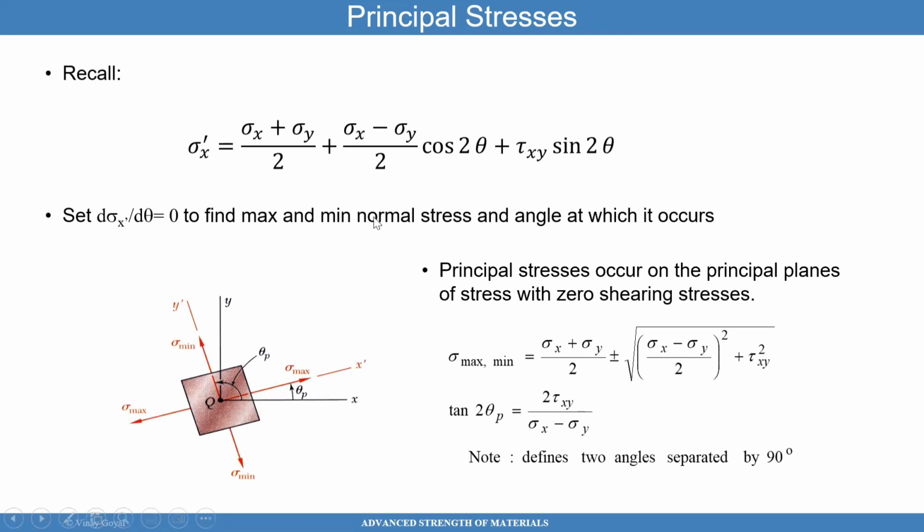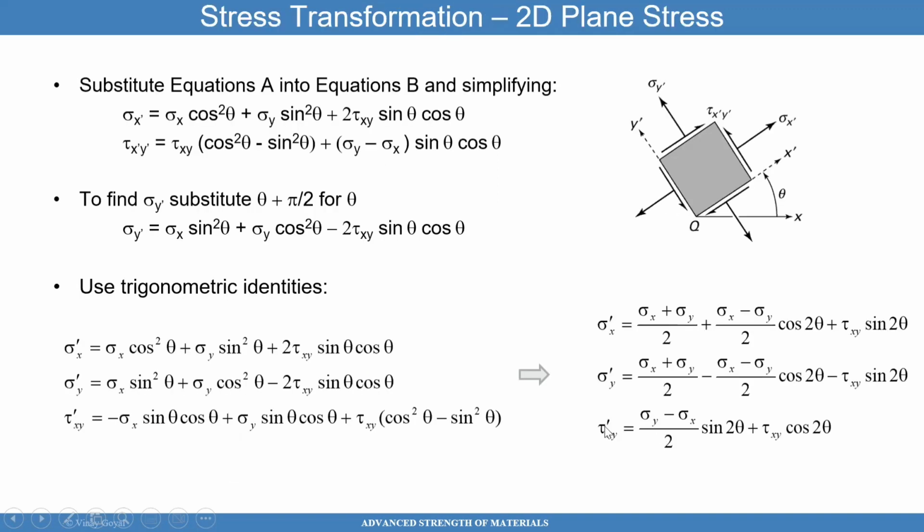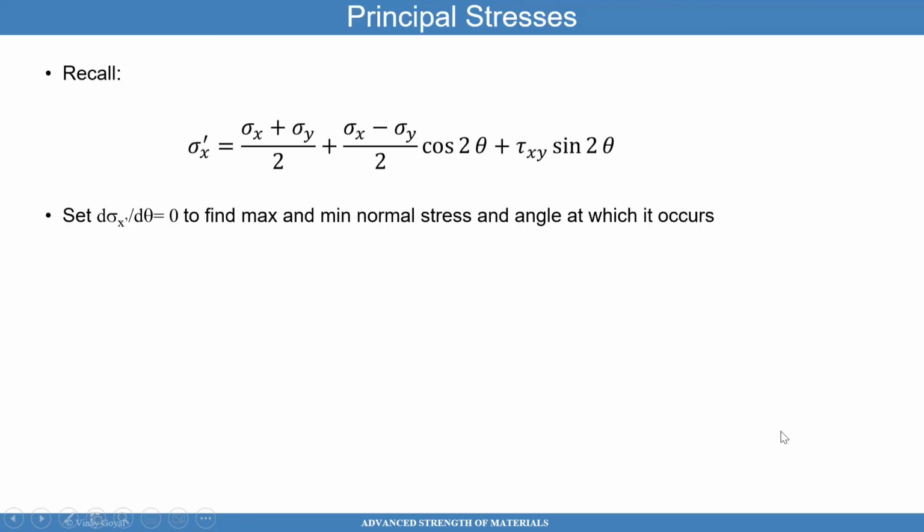So the max and minimum normal stresses occur when the principal stresses occur, and there's 0 shearing stress. It turns out that that angle theta p can also be found with this equation. You can see that because tau xy has to be 0 at that inclined surface. So you can solve for theta in that equation.